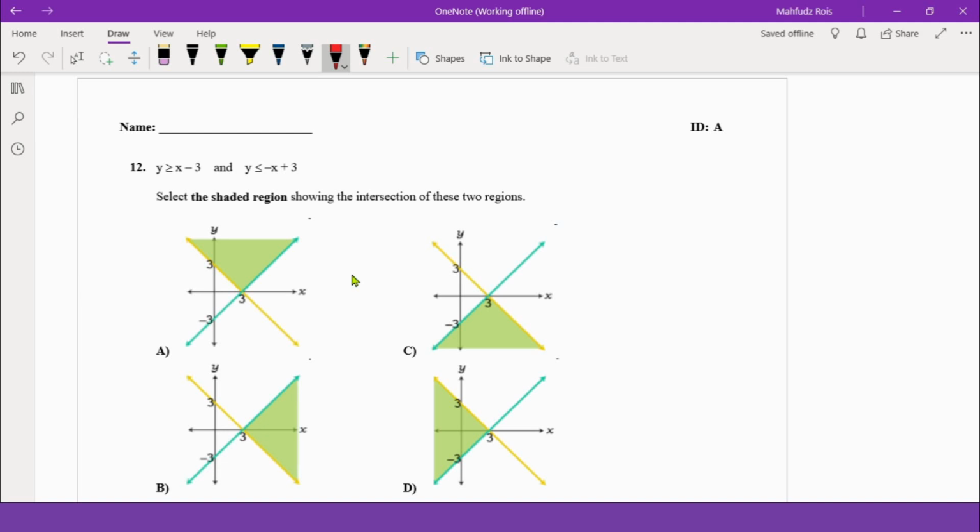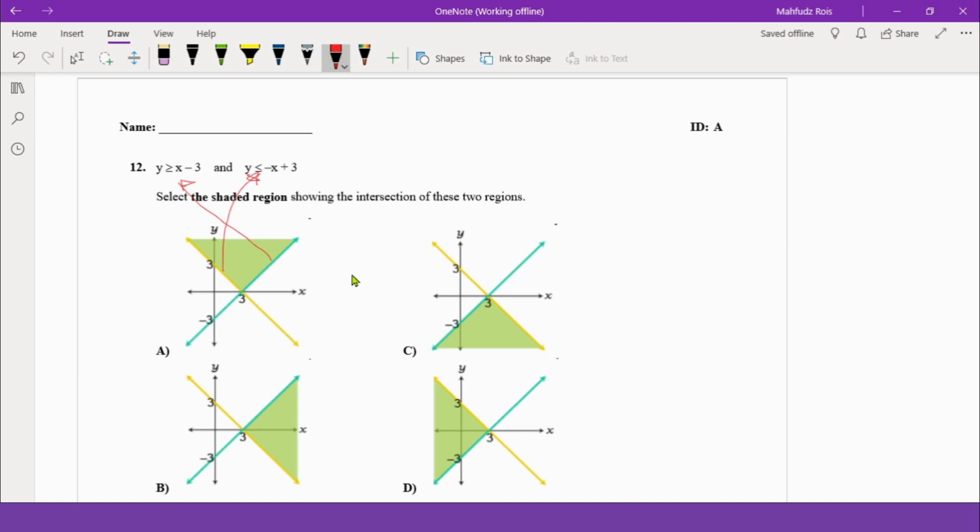We need to analyze one by one. First, we need to know which line represents which equation. The blue line represents the first equation, and the yellow line represents the second.